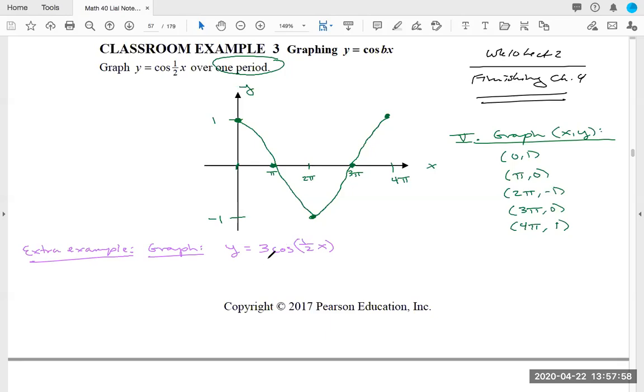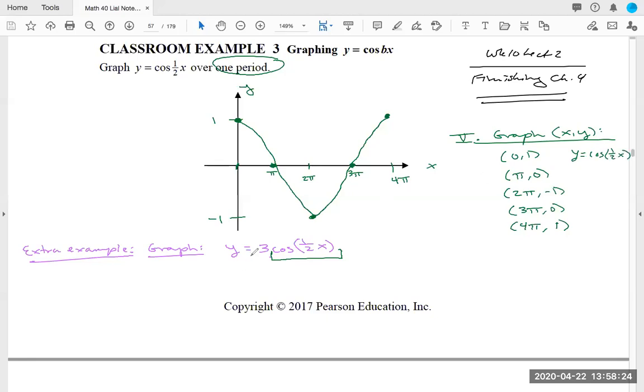Essentially, you would follow the same process. The main thing I want you to note is that the y values you got from cosine of 1/2 x are going to be the same y values you had right here, because remember, this function here was cosine of 1/2 x.